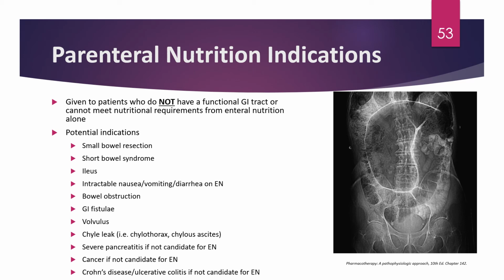In those cases, we can give what is called supplementary parenteral nutrition. Though this is not given very often, we do give it sometimes to patients who cannot meet their needs via the GI tract traditionally. But the main thing is that if you do not have a functional GI tract, you may be a candidate for parenteral nutrition.